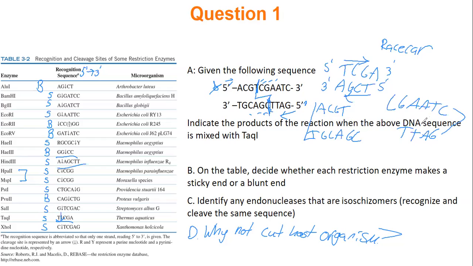So imagine this sequence was connected and you took scissors and just cut that piece of paper. What would you have left over? That's what I wrote, and that's a sticky end because your piece of paper would have overhang to it. All right, any more questions about that?